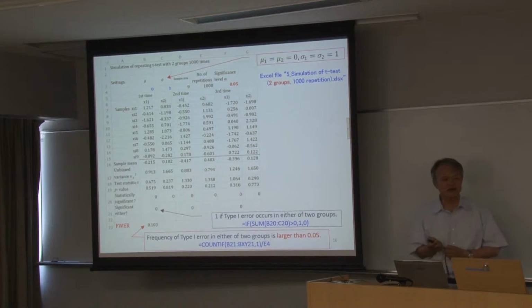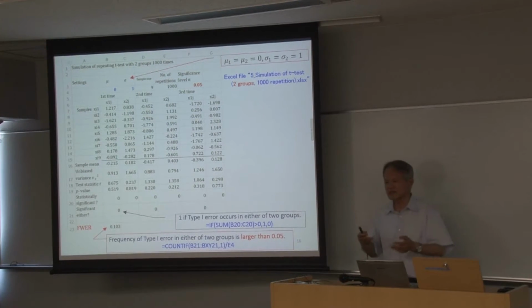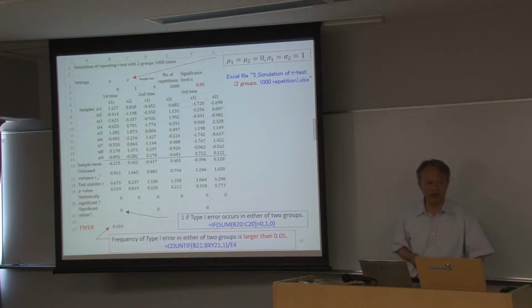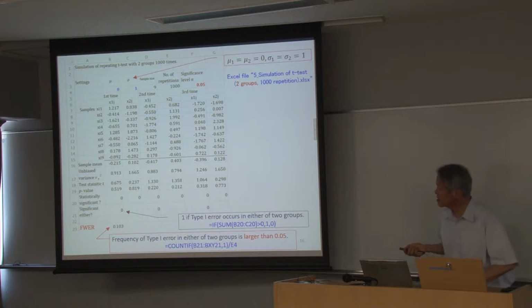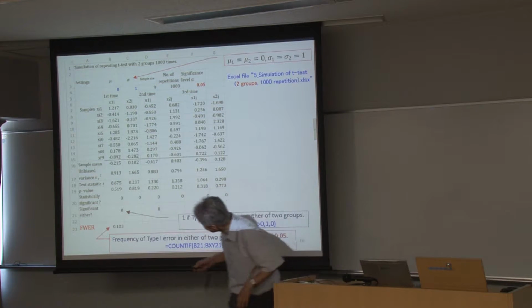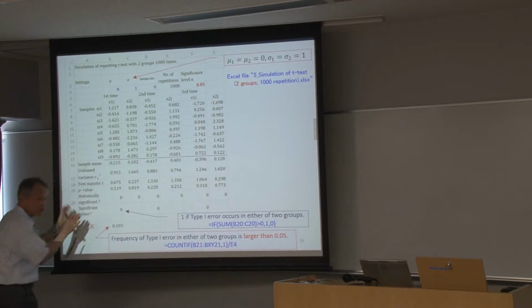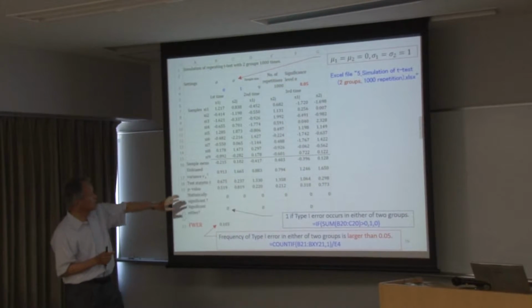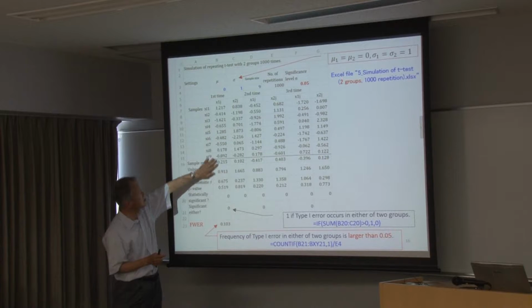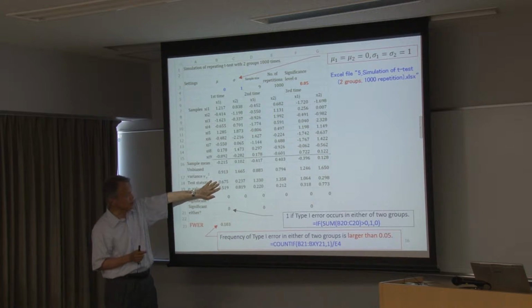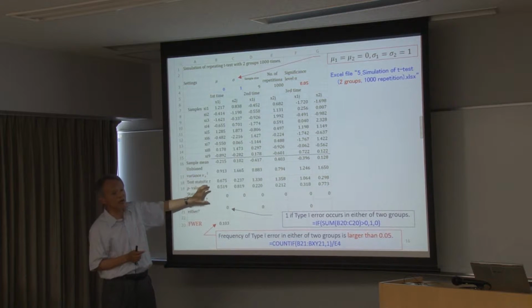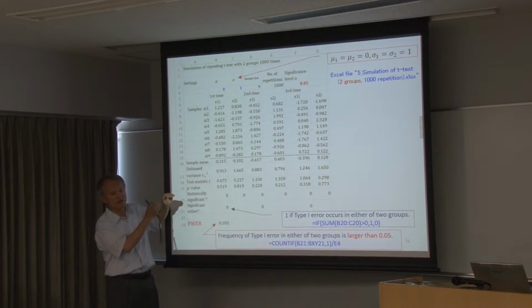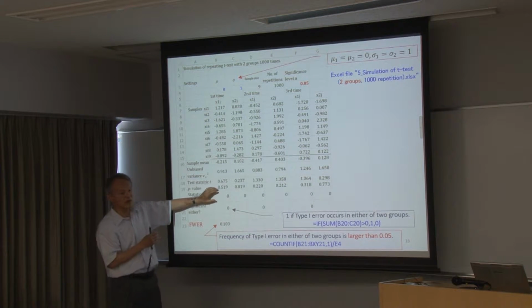Next time, I'd like you to do practice and study more about multiple comparison. This is multiple comparison. For each test, the first group and the second group, the type 1 error is kept at 0.05.